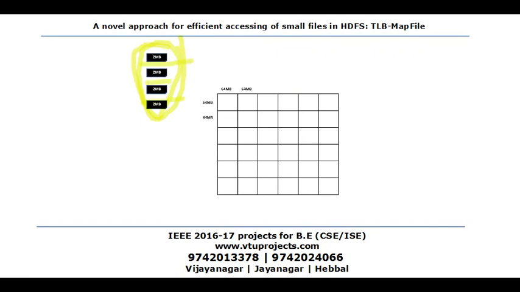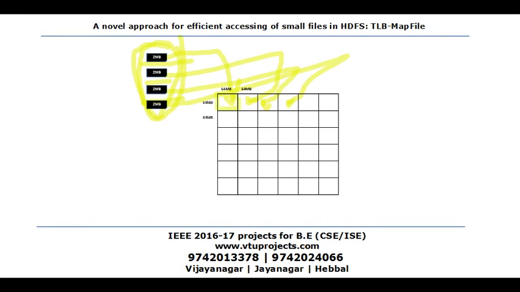Let us understand what happens in this scenario. If we give 4 files of 2 MB each, Hadoop will store the first file in the first block, the second file in the second block, the third file in the third block, and the fourth file in the fourth block. Because each file is just 2 MB, it cannot divide it further, because the block size is 64 MB.